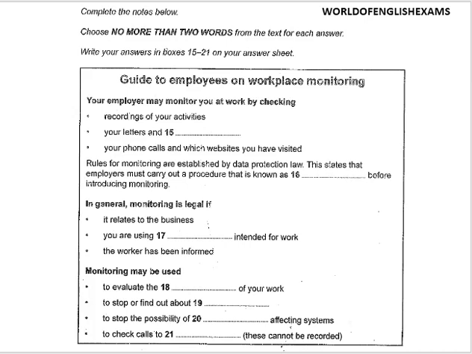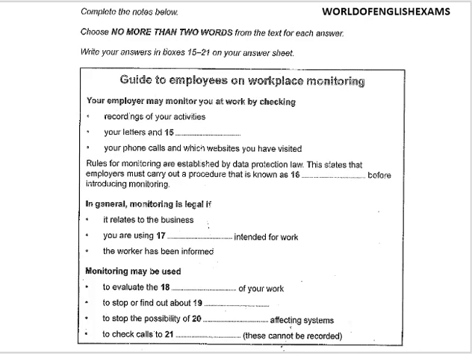And sometimes the instructions may also specify you to write a number, but in this case we can be assured that no answer is a number because the instructions only mention no more than 2 words. So it's nowhere mentioned that you can write a number, so let's not worry too much about it. And the heading here is given as Guide to Employees on Workplace Monitoring.